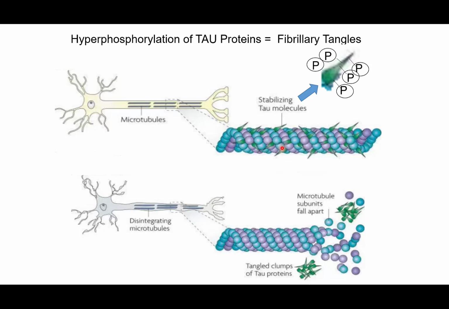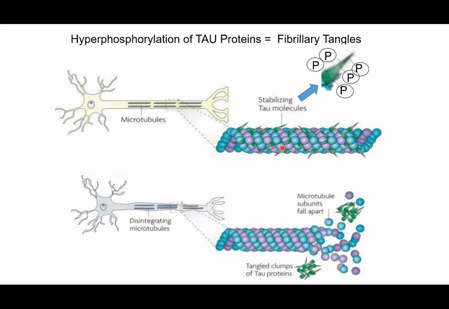That's how it functions. But there's a deregulation in Alzheimer's through another pathway that adds more phosphate groups to tau. It hyperphosphorylates tau. And when tau is hyperphosphorylated, it can't function, so it releases itself from the microtubule.